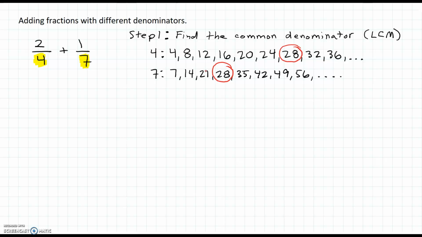So step 1, we found the common denominator, which is known as the least common multiple or least common denominator. Sometimes you'll hear it listed that way as well. So first of all, what we're going to do, we're going to change these denominators so they're alike. So we're going to make both of them 28.